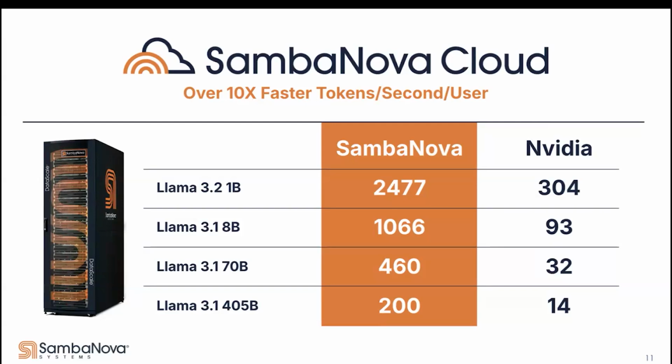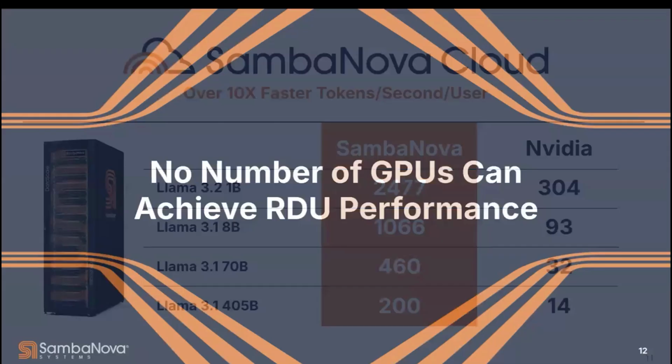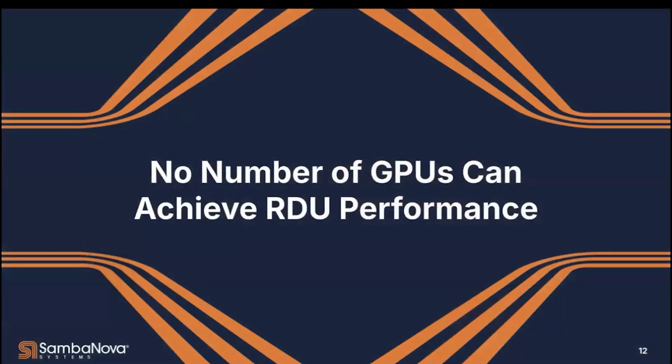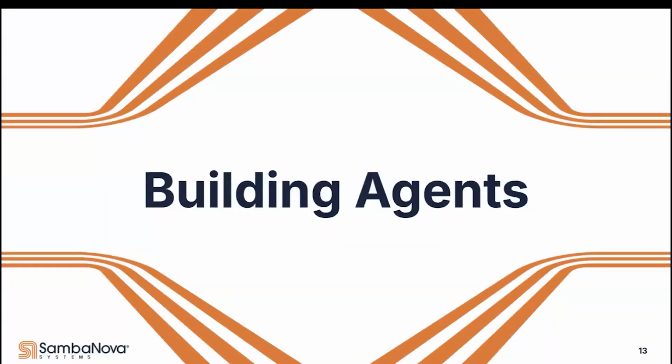So you can apply it for whatever you're looking for. Based on the performance aspects of speed as well as energy efficiency, no number of GPUs can really achieve the RDU performance. So where does this fit in with building agents?